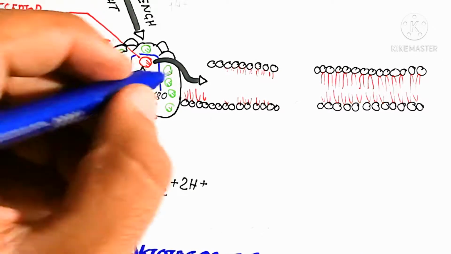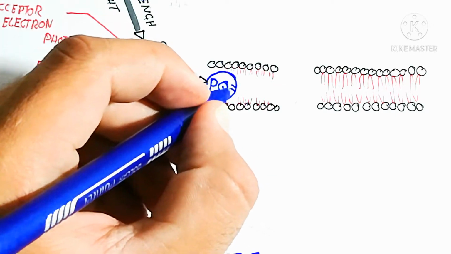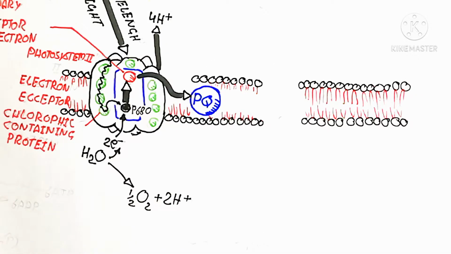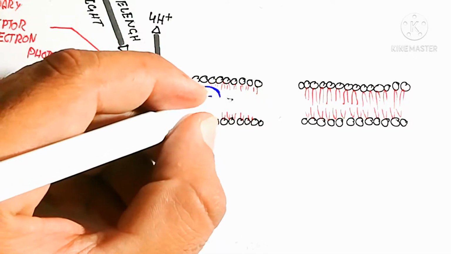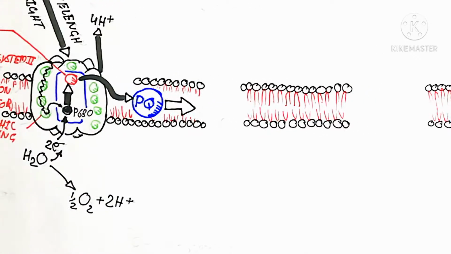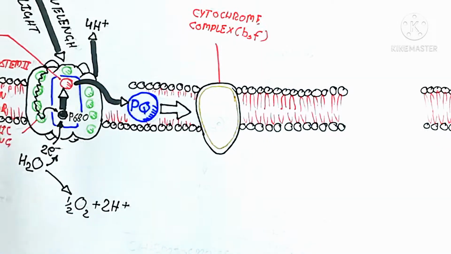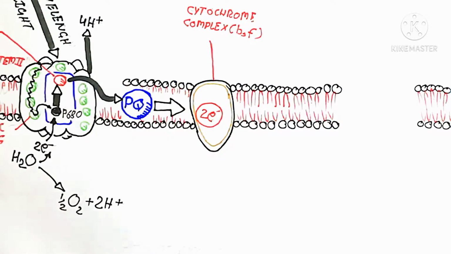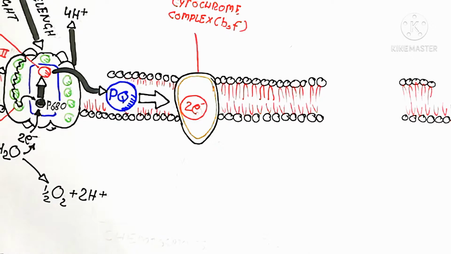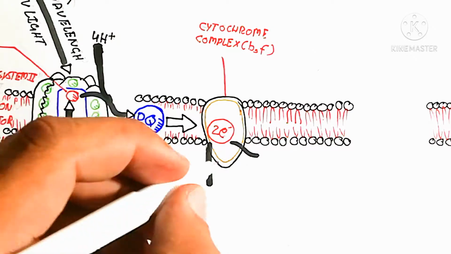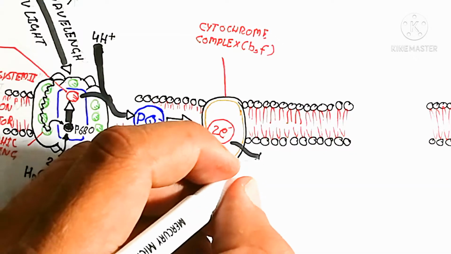The plastoquinone is another protein part present in the thylakoid membrane, and it accepts 4 protons and receives 2 electrons. The 2 electrons received from the plastoquinone are donated to the cytochrome b6f complex, while the 4 protons are moved inside. The cytochrome b6f complex accepts the 2 electrons, while the 4 protons are moved inside the thylakoid membrane.